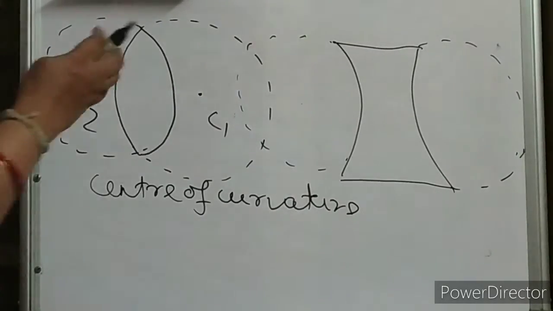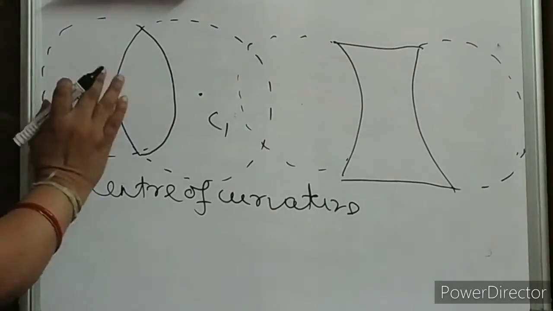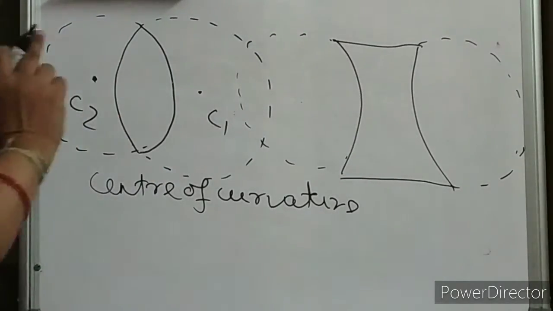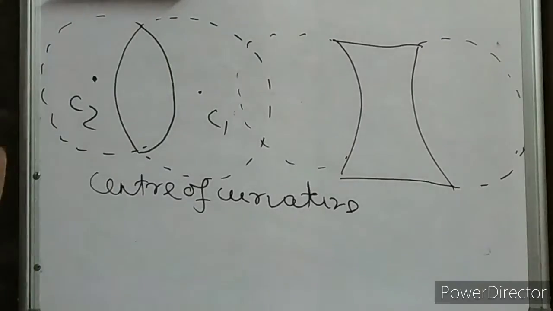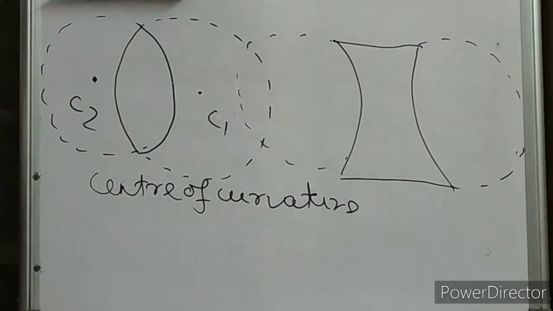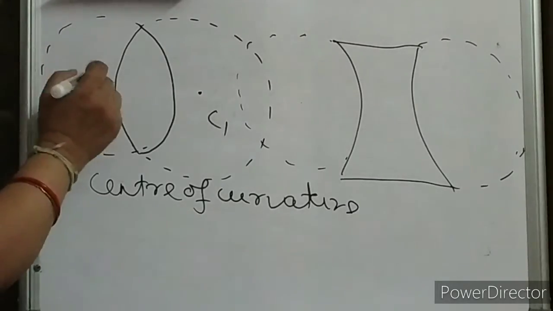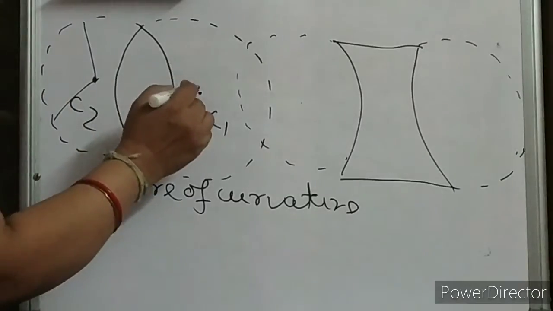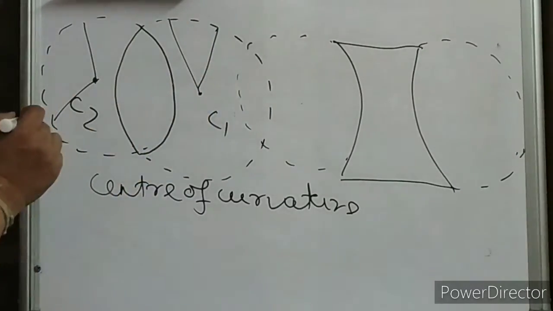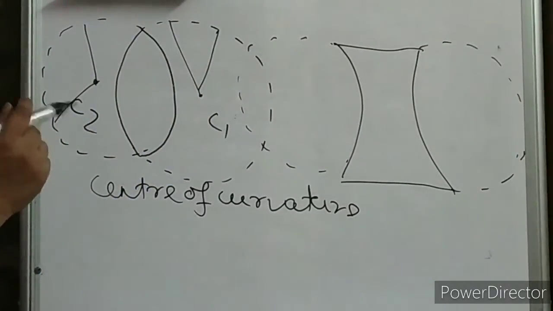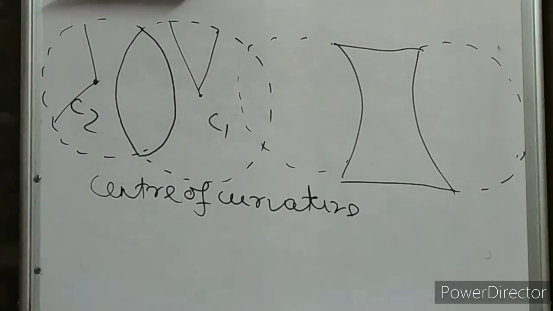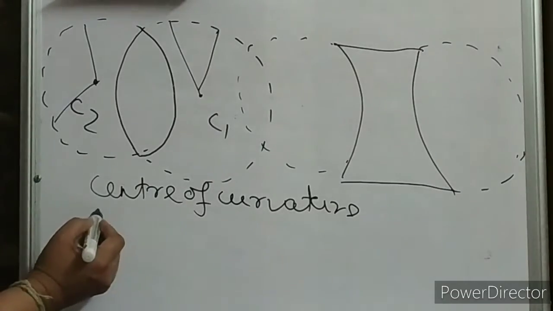Since these two refracting surfaces are part of two spheres, there will be two centers of curvature, and obviously two radii of curvature. Each sphere will have its own radius. So in the case of a lens, there will be two radii of curvature.